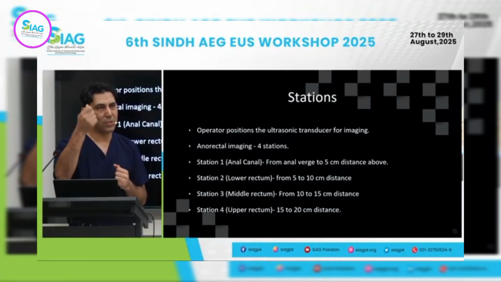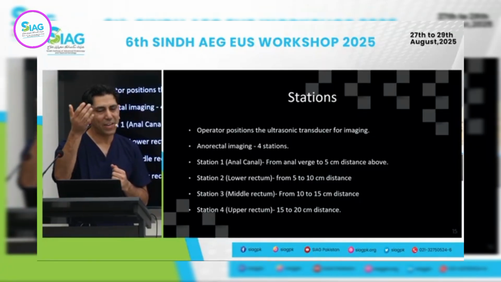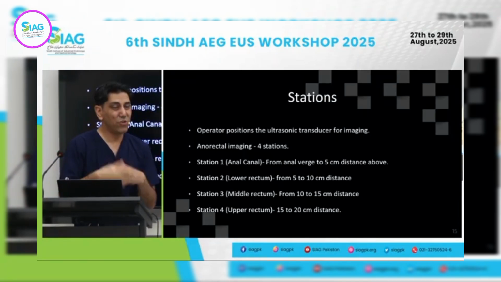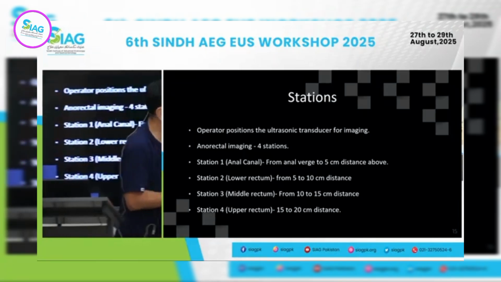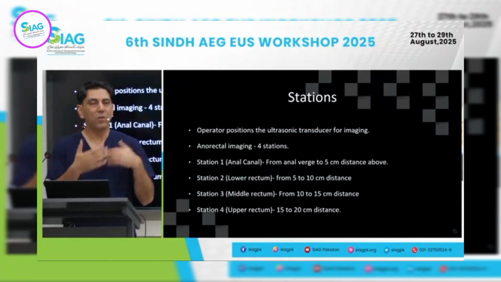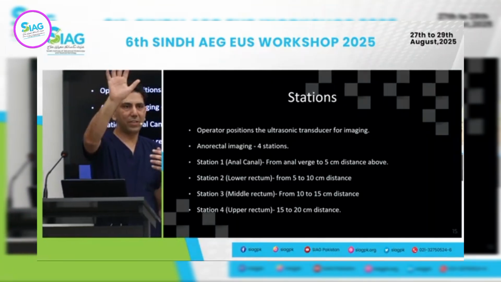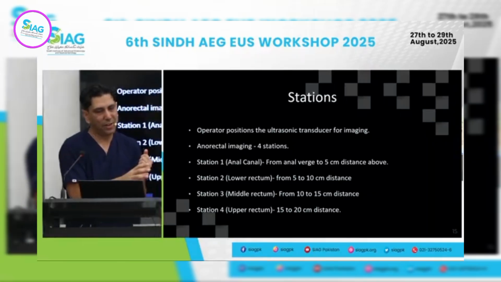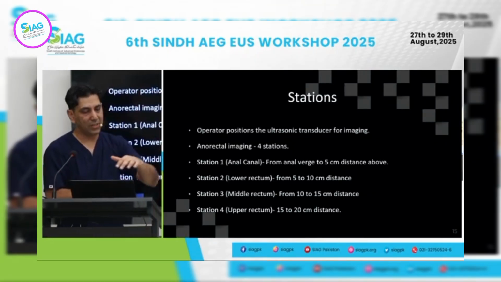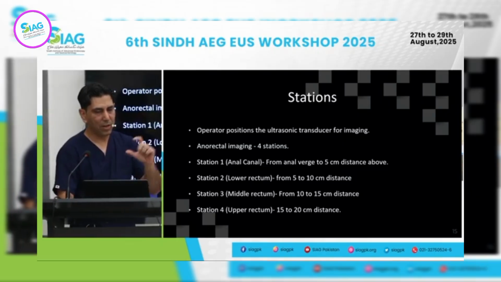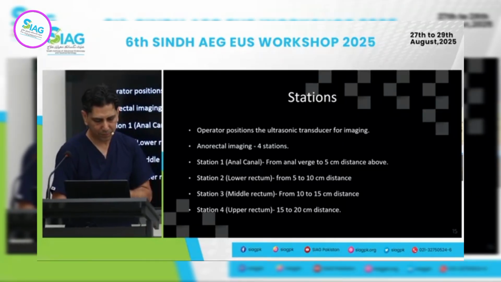Going up to the 30 centimeter and trying to divide the rectum into upper, middle, and lower rectum, and then anus, you can essentially say 1, 2, 3, 4, whichever way you want to do it. You can divide it into 4 stations: rectum 3 and anus 1. And then starting from the 30 centimeter and coming back to the anal canal up to the 5 centimeter.